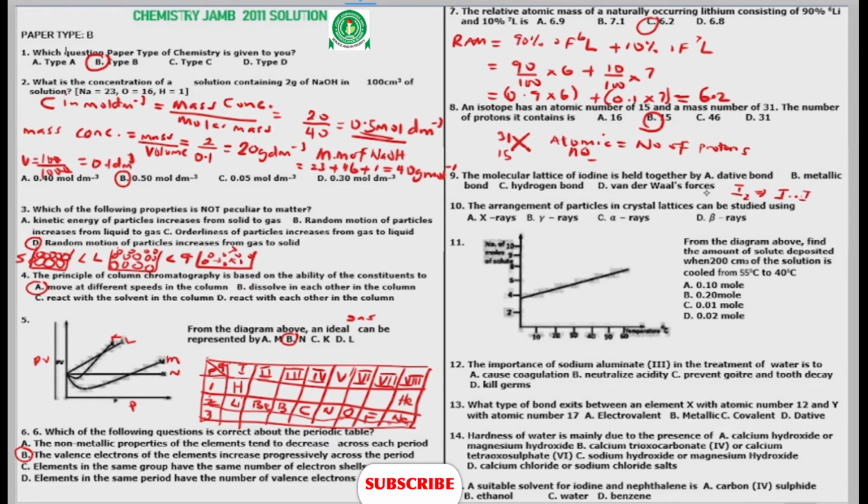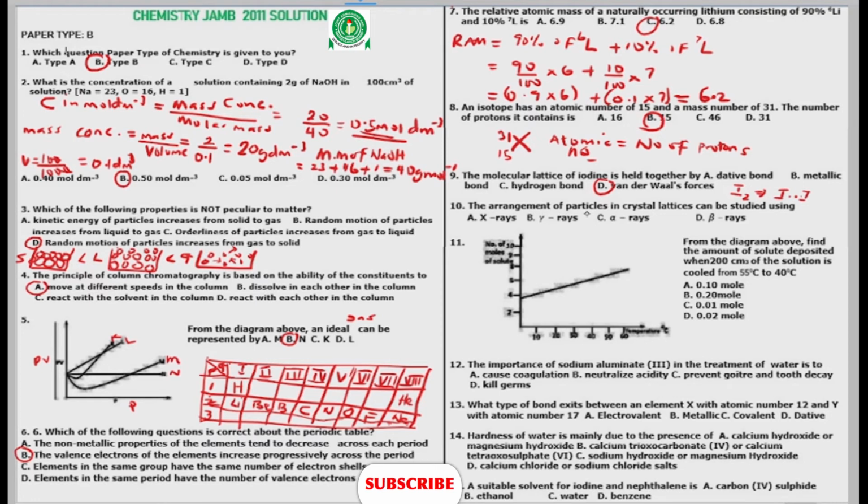Now a bond that holds the molecular lattice of iodine together is what we call van der Waals force. It's a weak force that holds them together, and it's specifically London force. But London force is part of van der Waals force. So the option here is D. So that is that about question number 9.